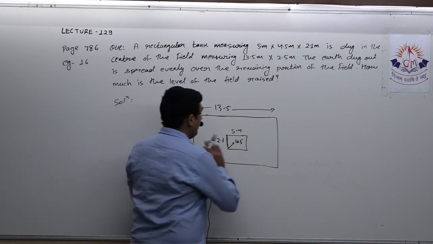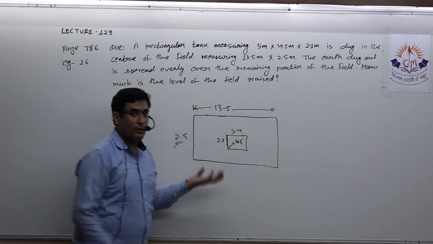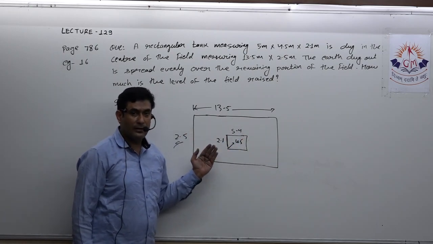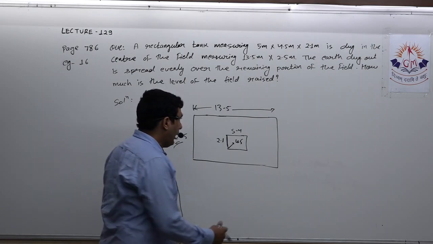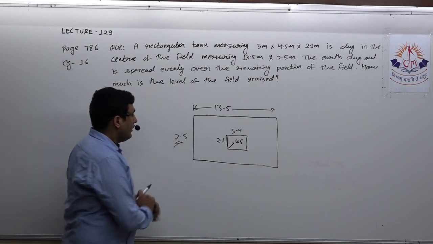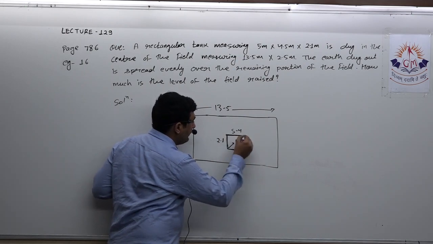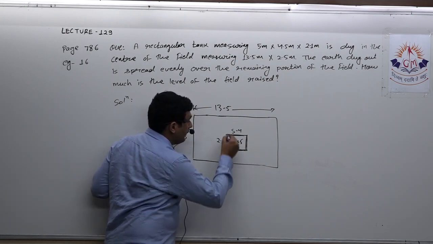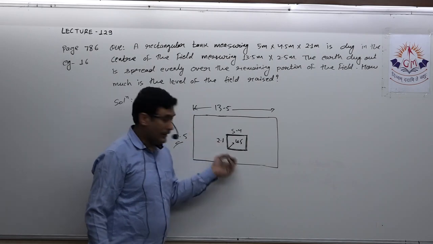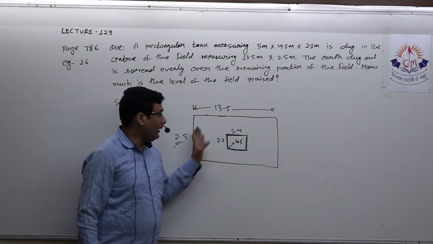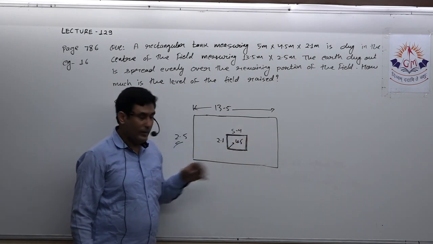So definitely when we spread the soil or the earth over this remaining portion of the field, its level will rise. We have to find by how much its level will rise. So the very first thing that I can say, the volume of the earth taken out from the tank must be equal to the volume of the soil which is spread evenly over the field.